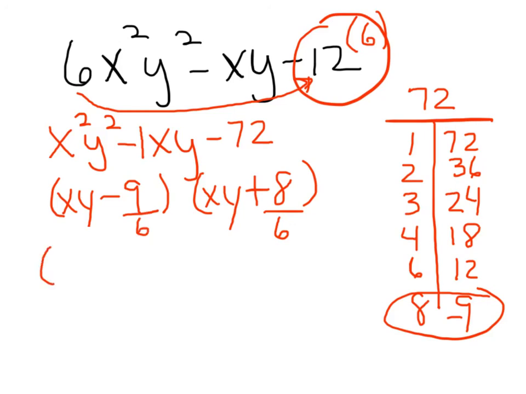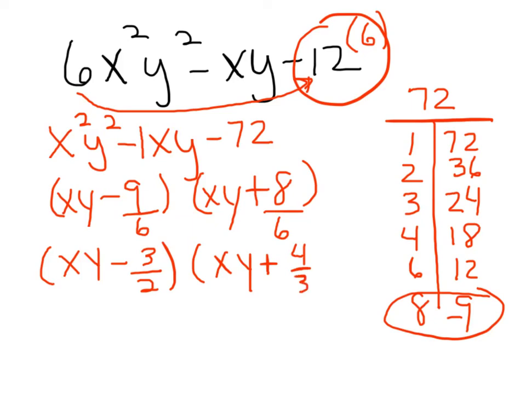So now I have to reduce that fraction. We never leave a fraction if it can be reduced. So I have xy minus, dividing by 3, so it would be 3 over 2. And the other one, xy plus, dividing by 2 would be 4 over 3.